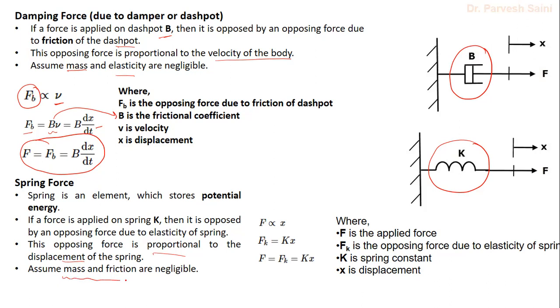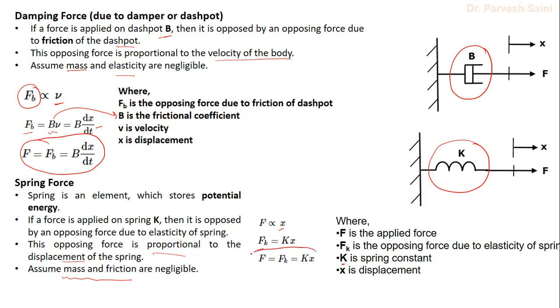And we assume that mass and friction are negligible, because we are dealing with each kind of force individually, so we assume that the other forces at that point of time are zero. So F is proportional to x, where x is the displacement. If Fk is the opposing force because of the elasticity of the spring, then Fk is equal to Kx, where K is the spring constant, right?